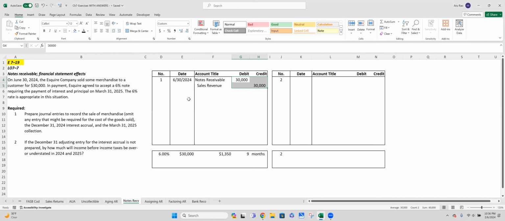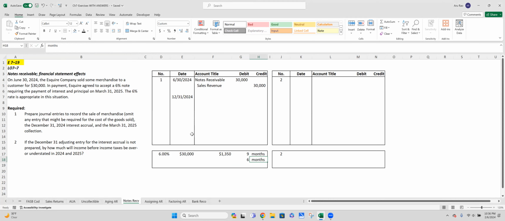Next is December 31st. Now, why do we do a journal entry on December 31st? Because we want to accrue 6 months interest. We're not going to get paid today. We'll get paid on March 31st. So of this 9 months, I want only 6 months interest in order to accrue it.